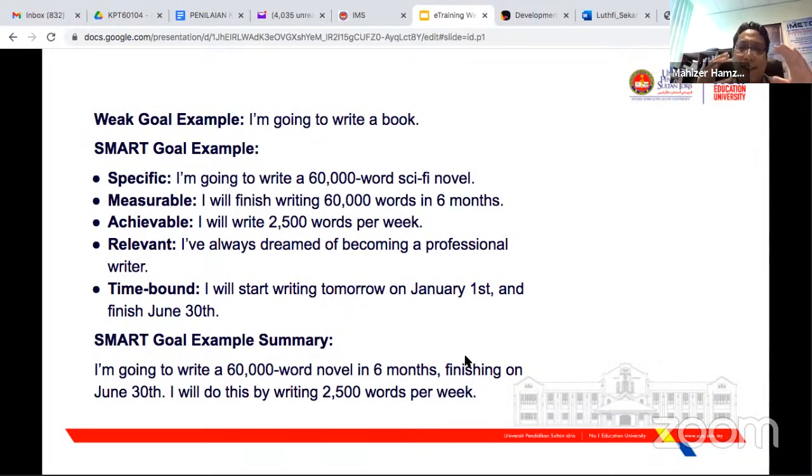By using the SMART process, you come up with a good example of the goal: I'm going to write a 60,000-word novel in 6 months, finish on June 30th. I will do this by writing 2,500 words per week. This is the difference between the weak goal and using the SMART process.